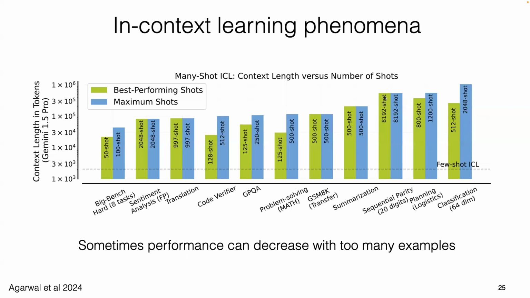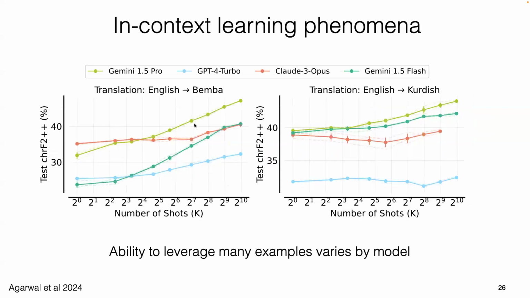Like here, it's actually best to just give it all the examples. So the curves themselves will vary by the task. They do have some of the curves in the paper, and like I said, it can vary, unfortunately. And it also varies by model too, which might actually be the next slide.